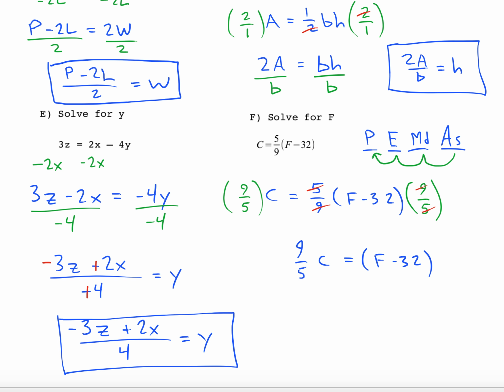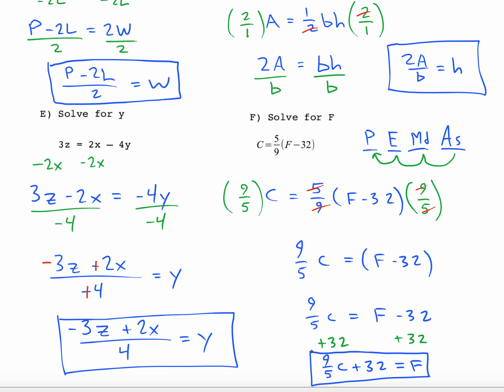If you get the parentheses to be the only thing on the side, then it doesn't matter whether they're there or not. Now they're gone. And we'll do the last step, which is to add that 32. Nine-fifths c plus 32 is f. And that will be our final answer.